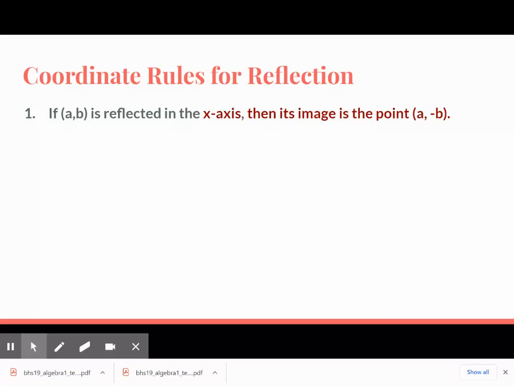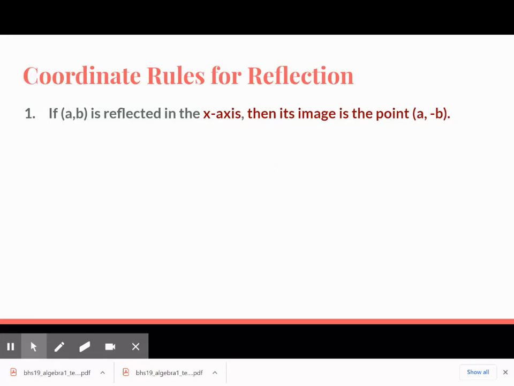If you look at your notes, it says (a, b) is changed to. And number 1 says it's reflected across the x-axis. If it's reflected across the x-axis, then (a, b) gets changed to (a, negative b).